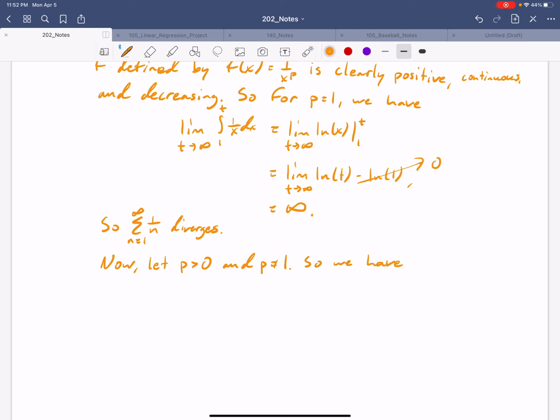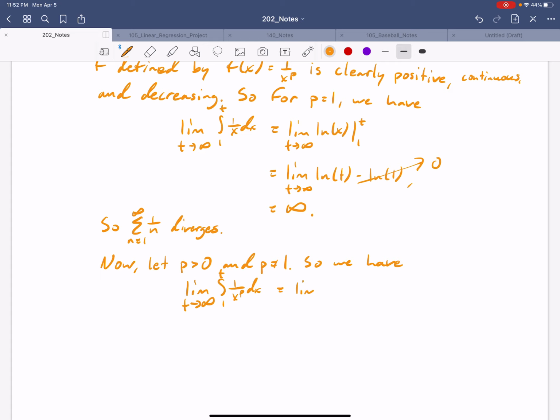So we have the following, again, the limit as t approaches infinity of our integral from 1 to t of 1 over x to the p dx. It might be easier, by the way, just to write this as the integral of x to the negative p. So then when you anti-differentiate, right, it's clear that it's going to be 1 minus p.